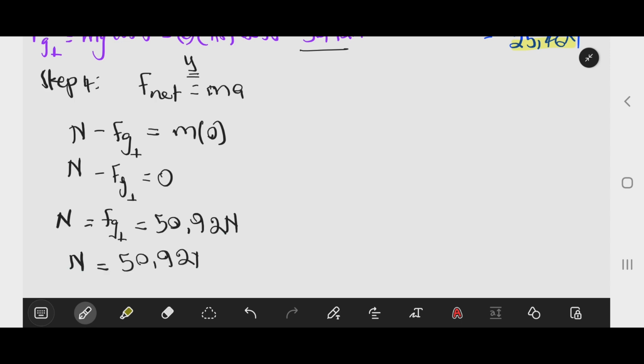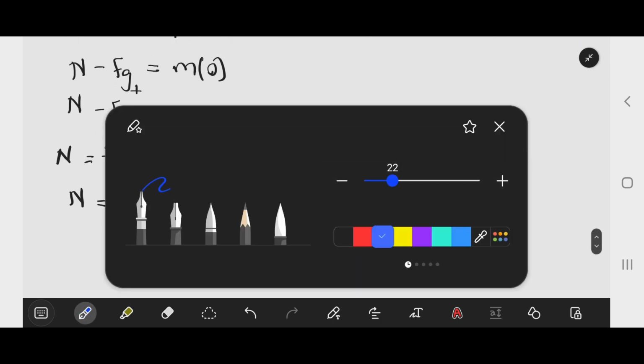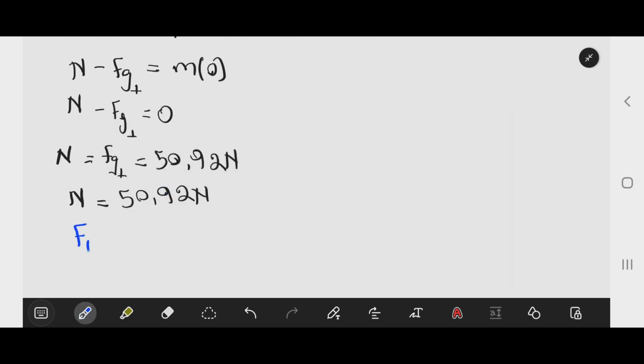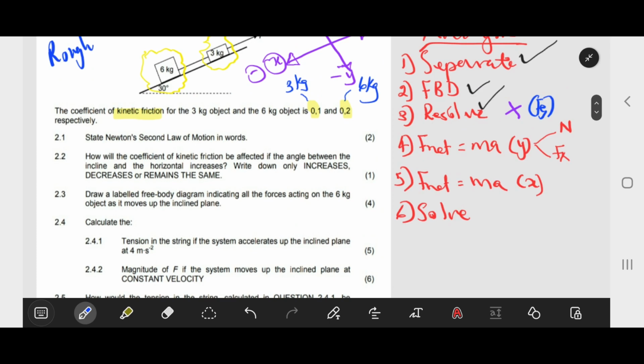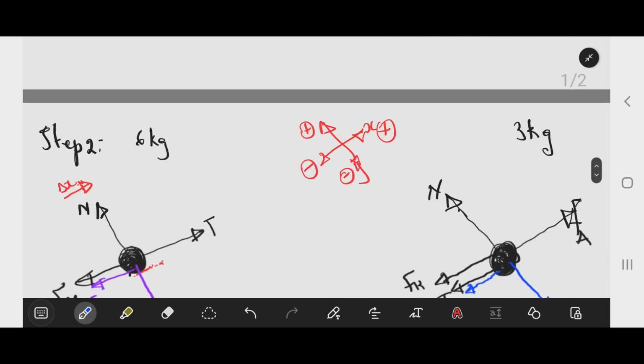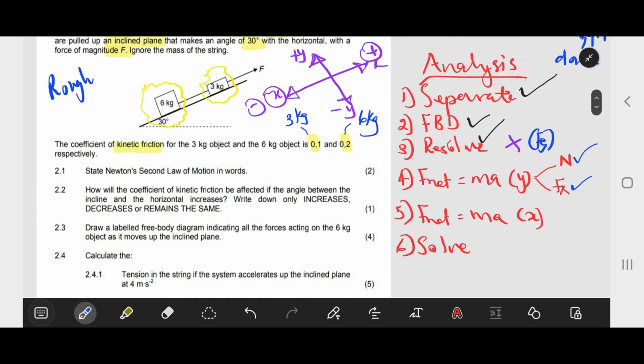And remember, after obtaining the normal force, you go straight away to calculate your friction. Because remember, in our steps, step number 4, when you perform your Fnet in the y, you have to get your normal force. We have obtained our normal force. Now we have to calculate our friction straight away. Remember, the coefficient of kinetic friction for the 6 kg is 0.2.